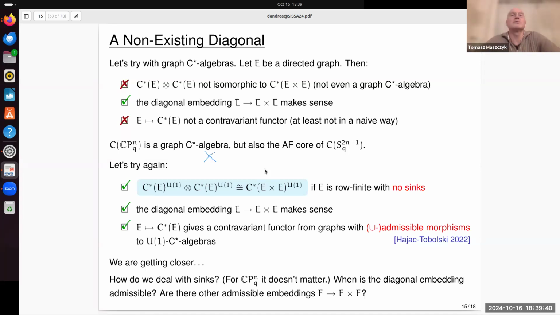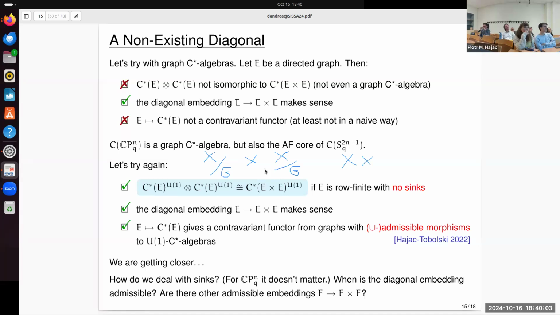Because what would it be literally? It would be that some embedding from this first square, which is crossed in red, becomes an isomorphism after passing to U1 invariants. But it is not so in the last case.